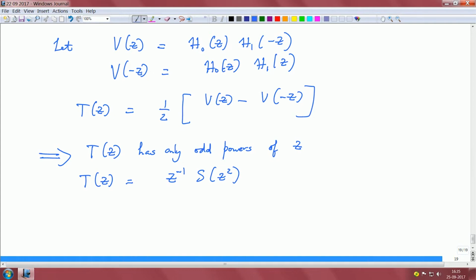And I think an inspection would tell you that the modulus of T of z has a period of pi instead of 2 pi. Just observe this power here.